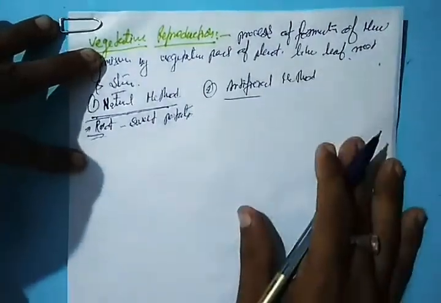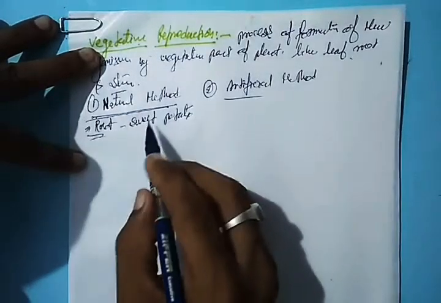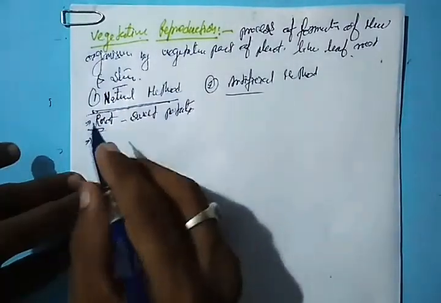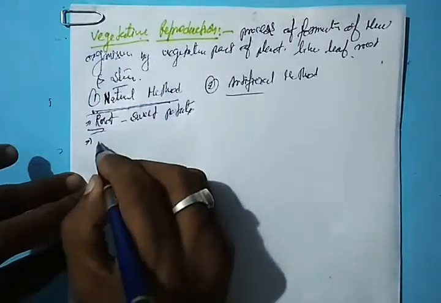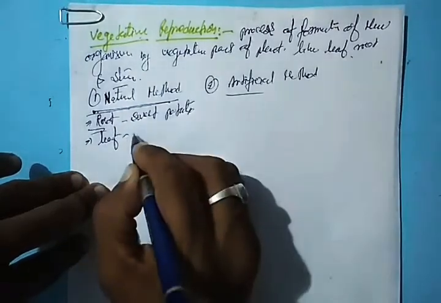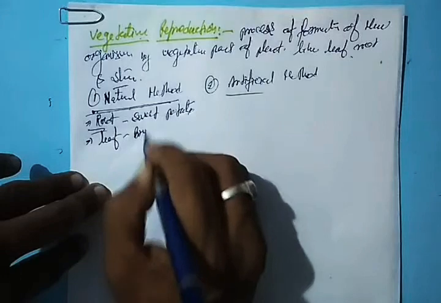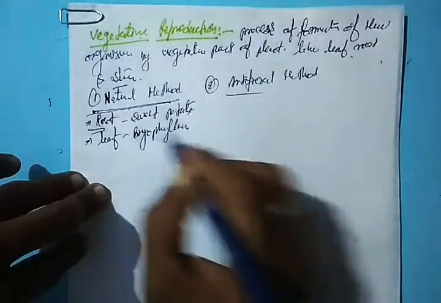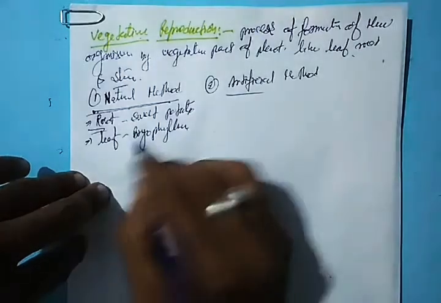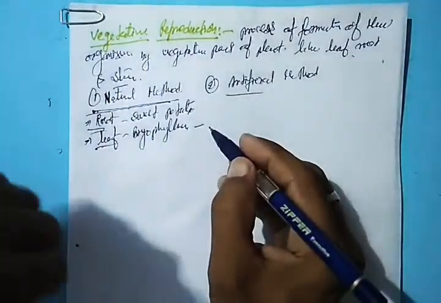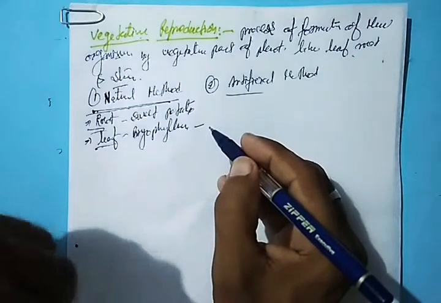These roots of sweet potato germinate into a new organism. The leaves of bryophyllum, a special plant, have the ability to grow a new organism.